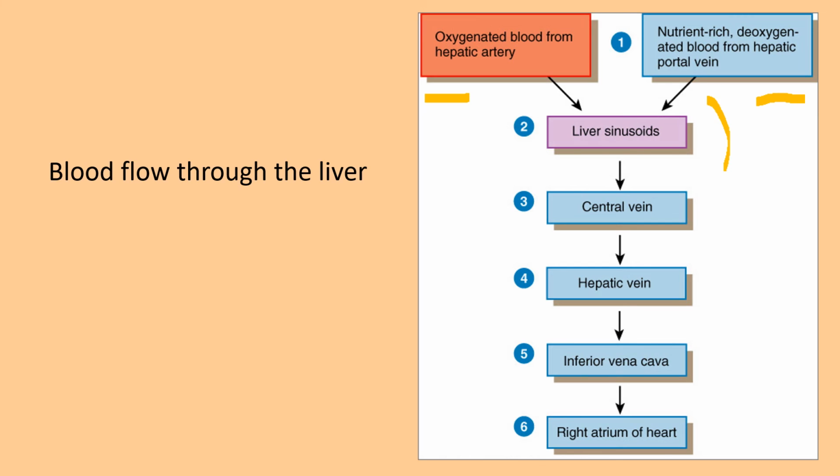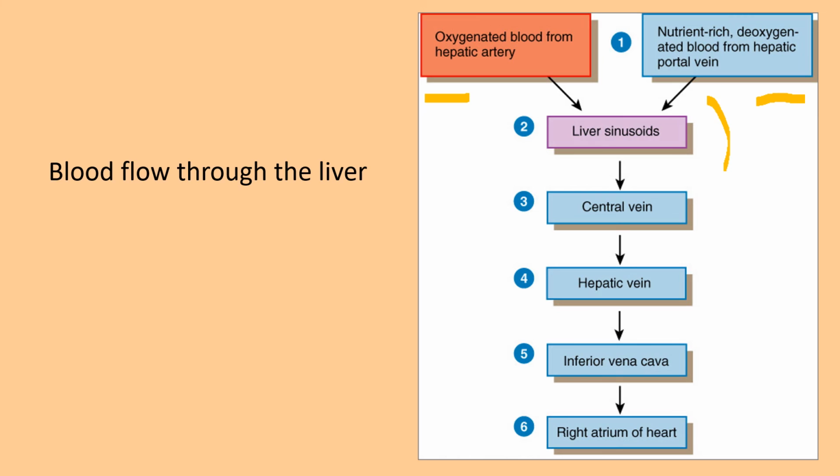A sinusoid is a giant, super leaky capillary. And we find sinusoids in the liver. And the reason they're so leaky is that in the liver, lots of proteins need to cross the capillary wall. So your liver makes blood proteins, and so those blood proteins need to get into the capillary. Your liver also includes lots of macrophages.